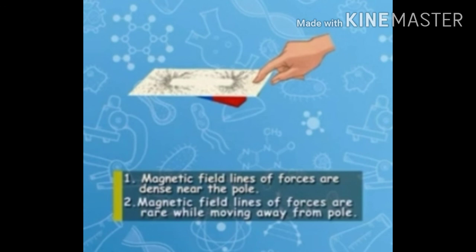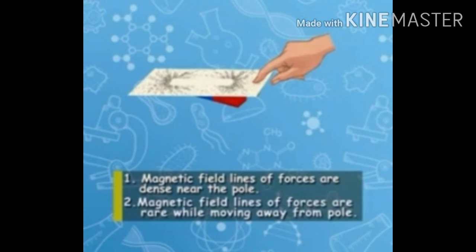Magnetic field को force चाहिँ केमा बेसी हुँदो रहेछ भनेर चाल पायो, magnetic effect is high at the pole. Clear? And number 2, we observe that the magnetic field of force is rare while moving away from the poles. पोलबाट टाढा गयो भने magnetic effect के हुँदो रहेछ, low हुन्छ भनेर we identify with this experiment.